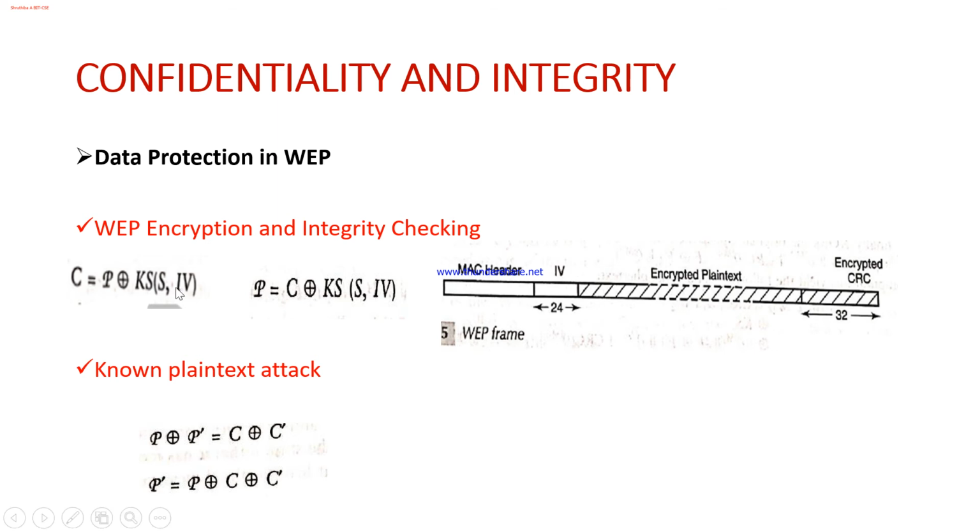The other is the initialization vector, which is 24 bits. So in total the key stream uses a 64-bit key. This is XORed with the plain text, resulting in the ciphertext. In the decryption process, the same key stream with the shared secret key and initialization vector is XORed with the ciphertext to get back the plain text.